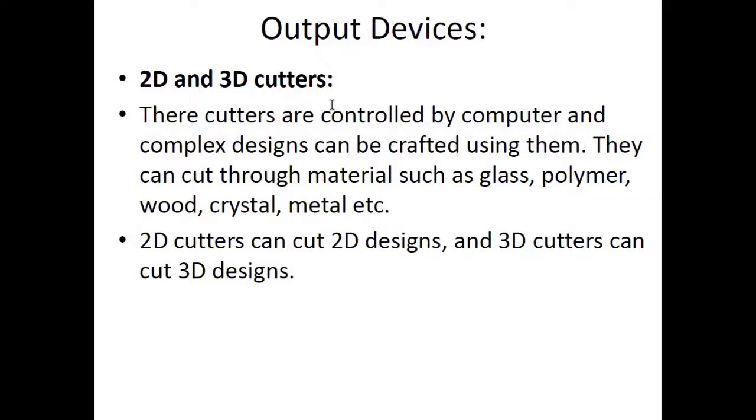And 3D cutters can cut 3D designs, for example, feeding in a block of marble, and the 3D cutter would craft an ashtray or art piece or a showpiece or a vase out of it, a flower vase.